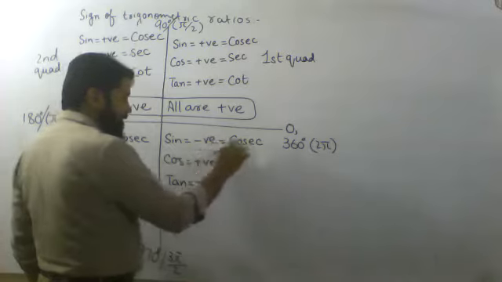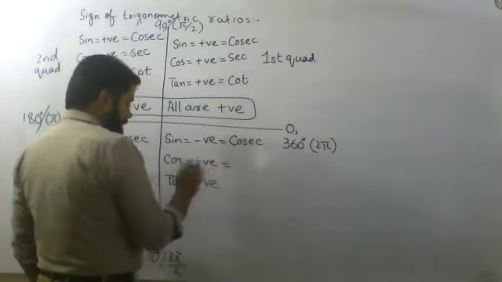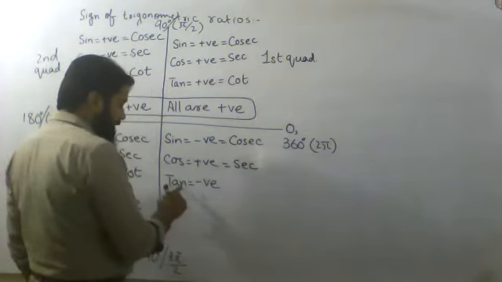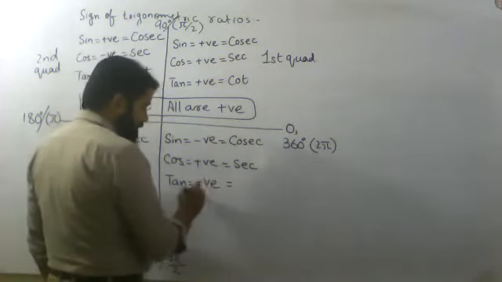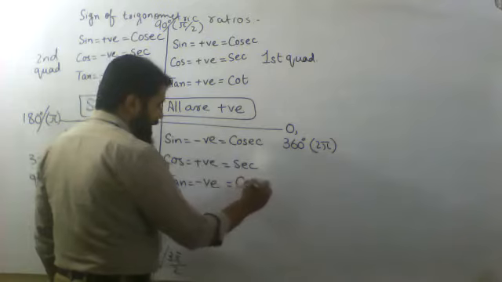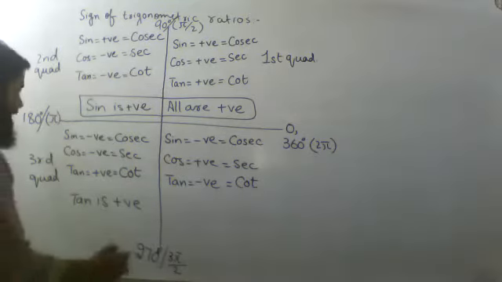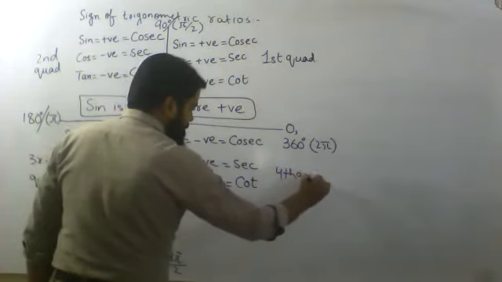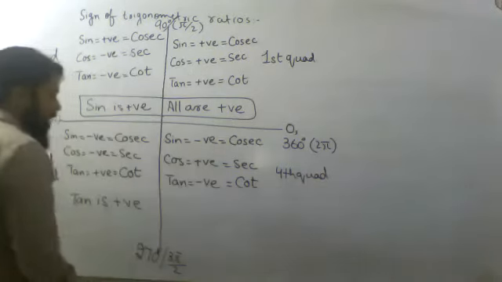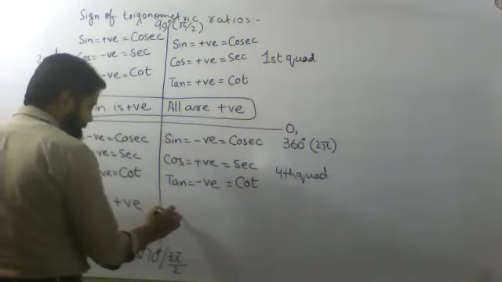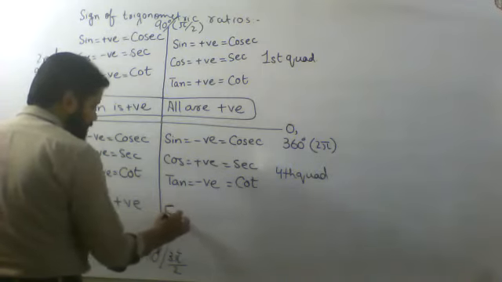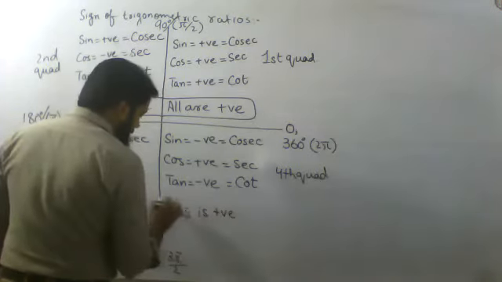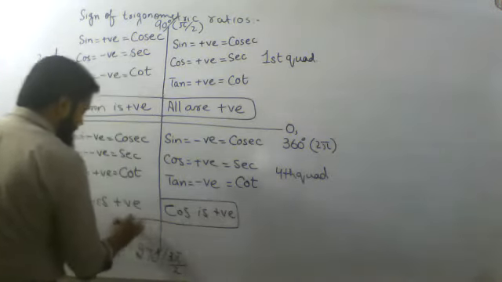If sine is negative, cosec will be negative. Cos is positive, so the reciprocal of cos will be positive, and tan is negative, so the reciprocal of tan will also be negative. It means in the fourth quadrant, cos is positive and the rest of them will be negative.